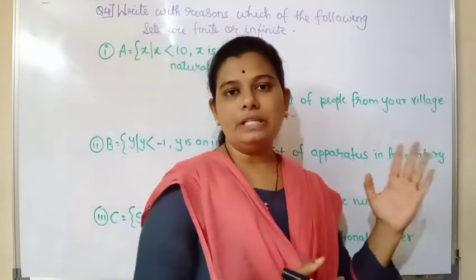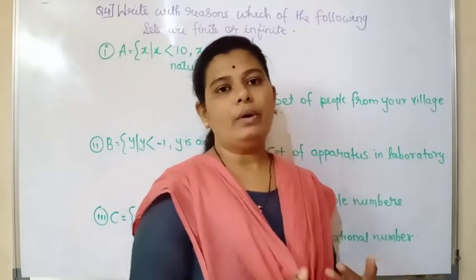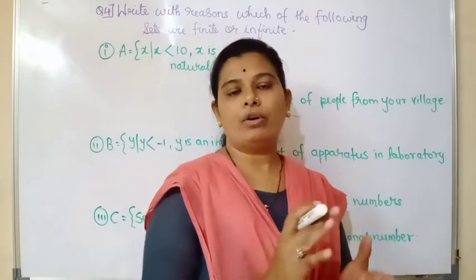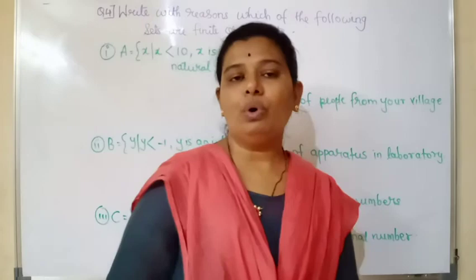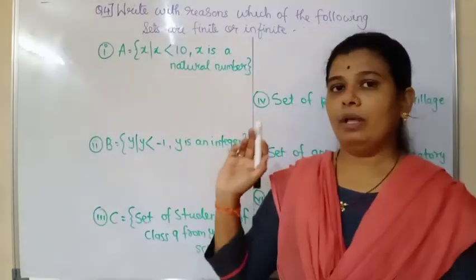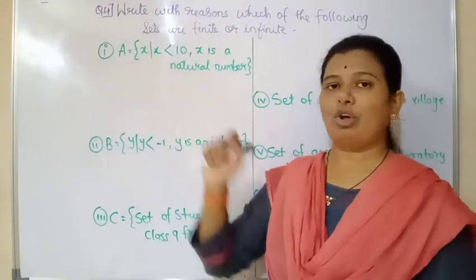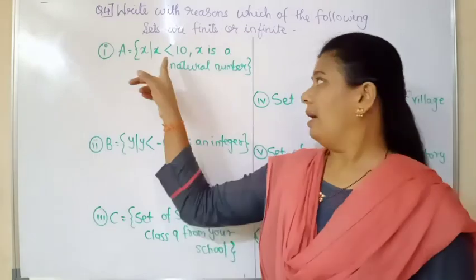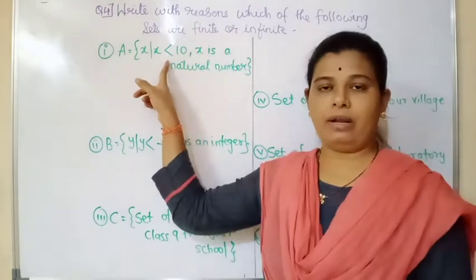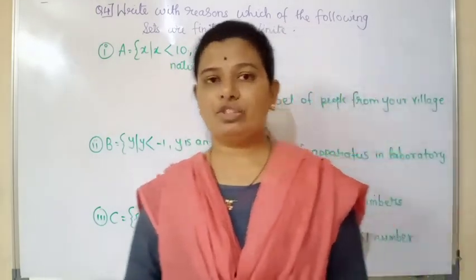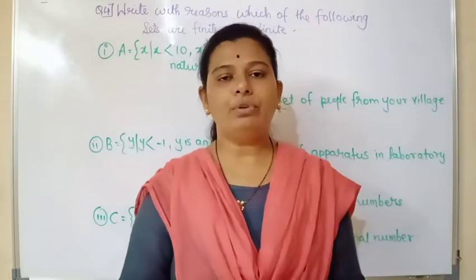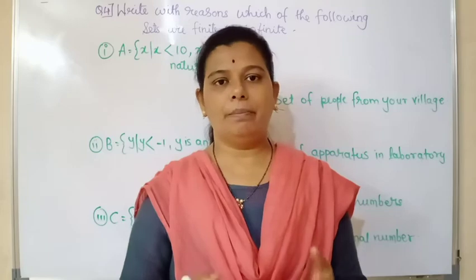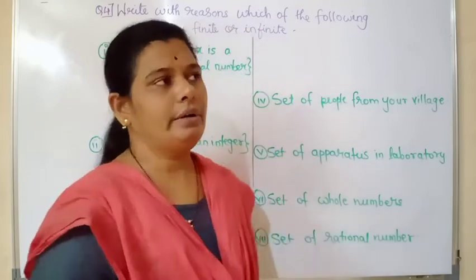So we will study the sets one by one and we will write whether those are finite or infinite sets. See the first set which is given to us, that is the set A. Set A is a set of x such that x is less than 10 and x is a natural number. So now in this set we have to write those natural numbers which are less than 10.